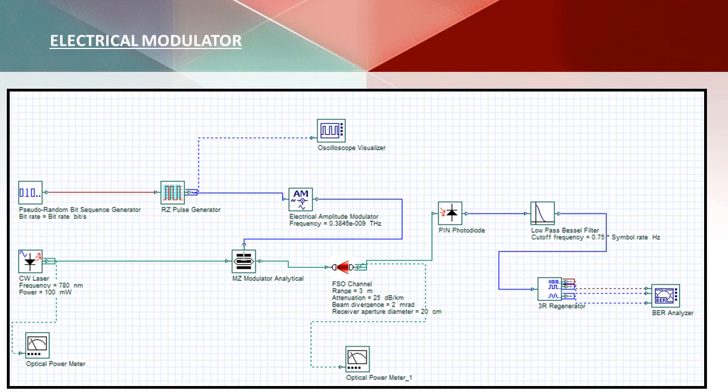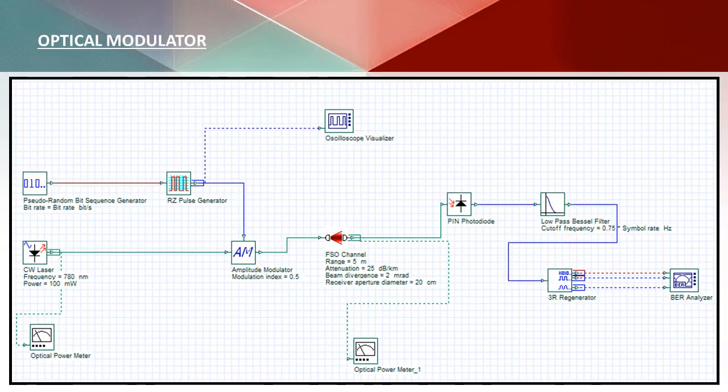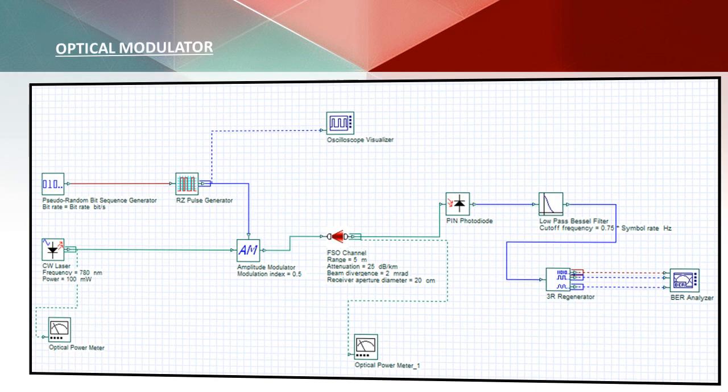For the electrical modulator, it is the same as without modulator, but we just added an electrical amplitude modulator. Next is the optical modulator. The design is the same as without modulator, but we remove the MZ modulator and replace it with an amplitude modulator.